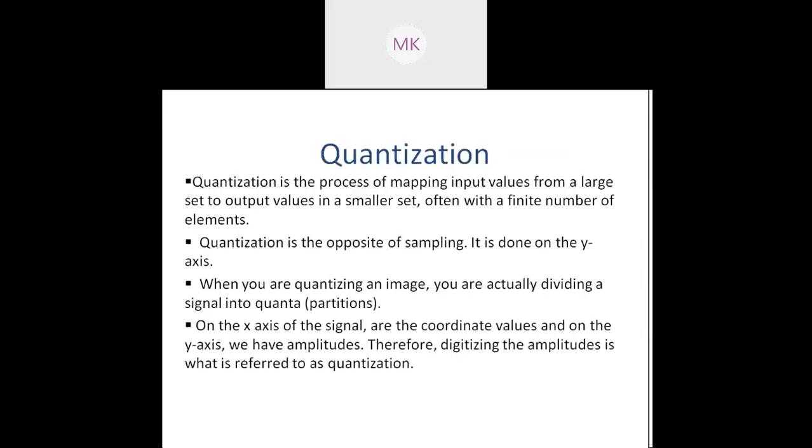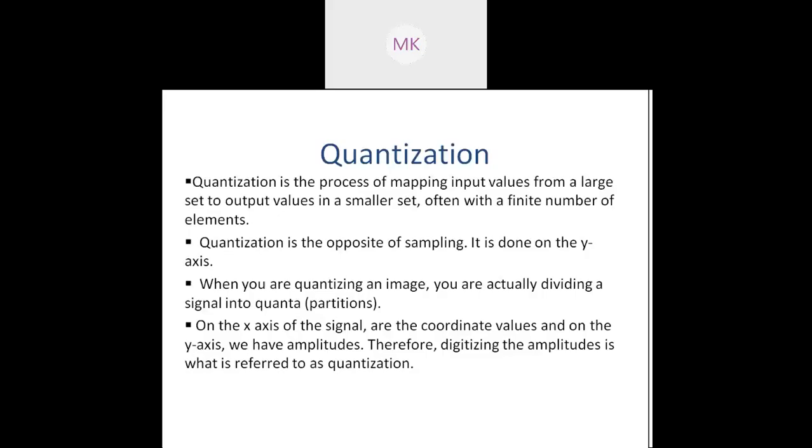Next is quantization. Quantization is opposite to sampling, in which we keep the x-axis as a continuous representation, and the y-axis should be divided into different discrete values. Y is divided into different quantas or partitions.